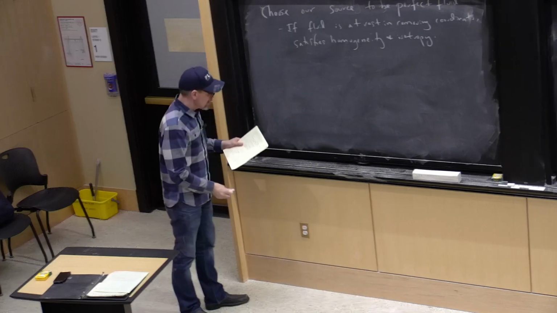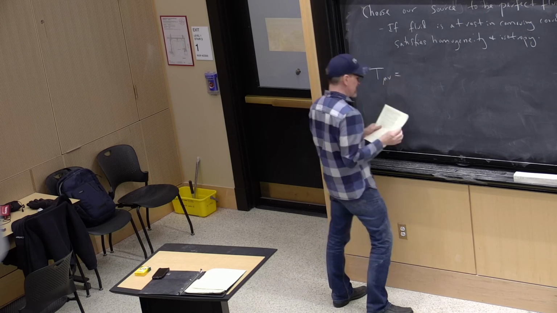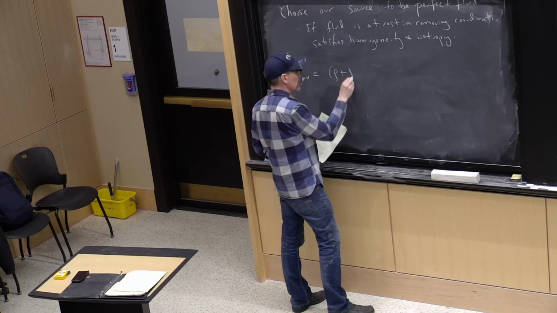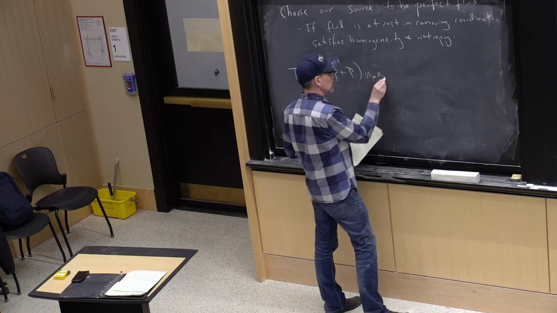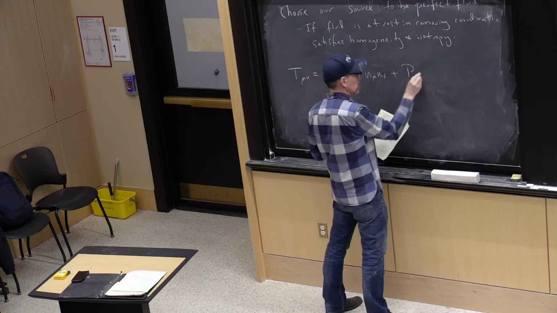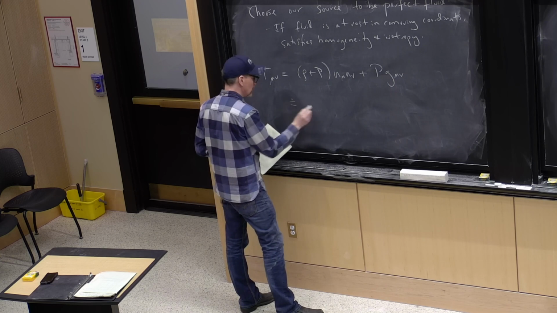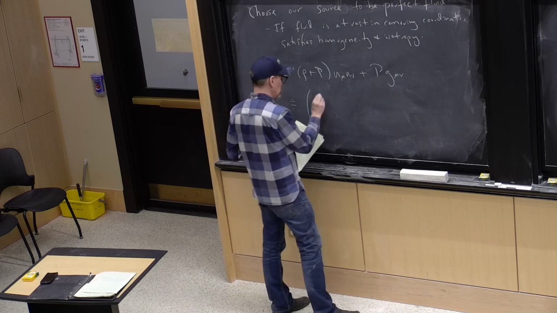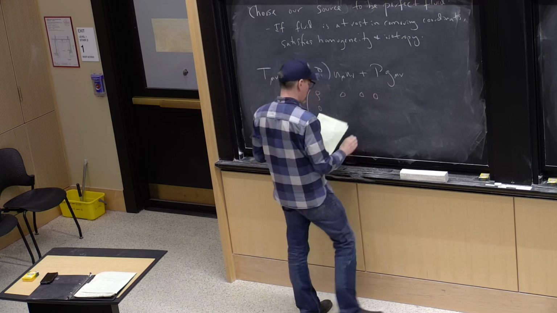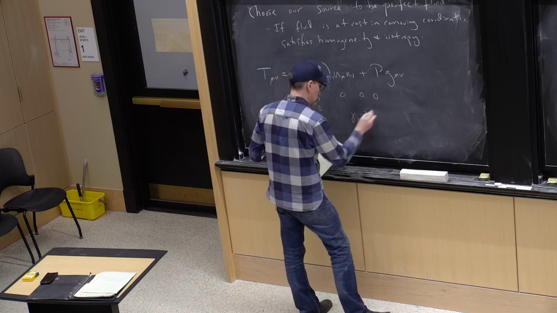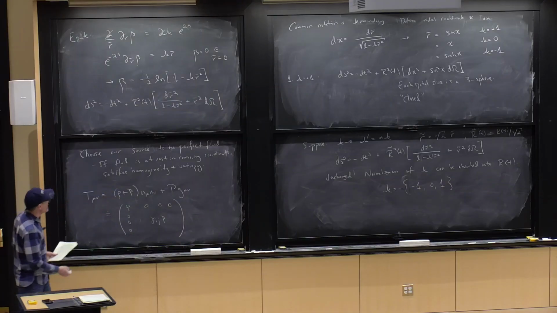Okay, so let's fill this in. T mu nu with everything in the downstairs position looks like rho plus p, u mu u nu plus p g mu nu. This becomes, in my co-moving coordinate system, something that looks like this. Okay. A handy fact to have.